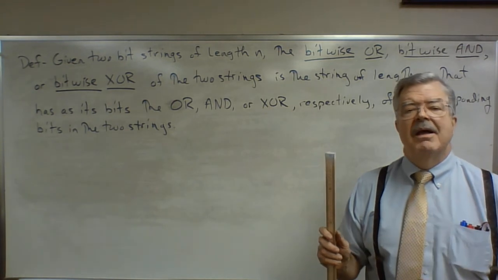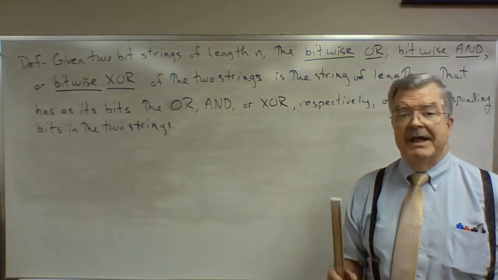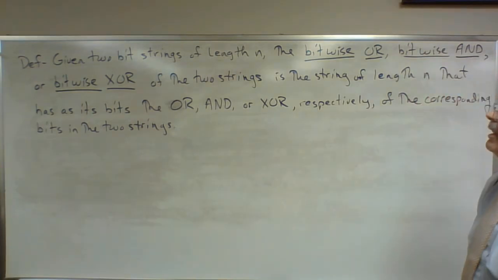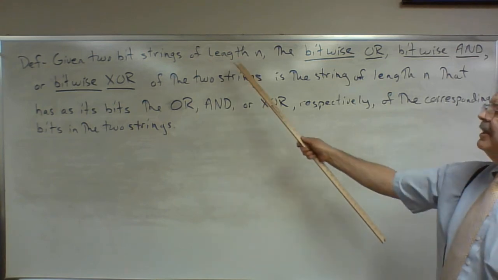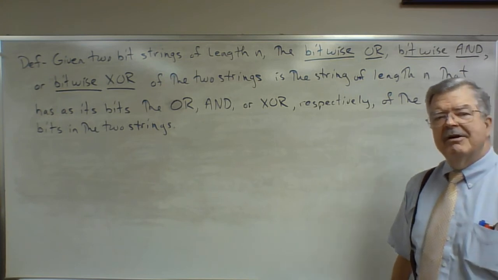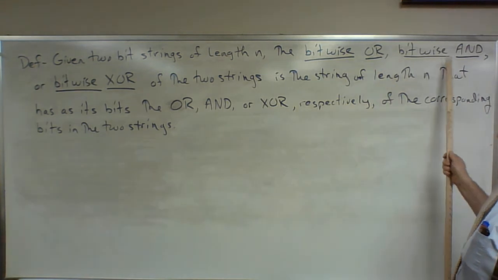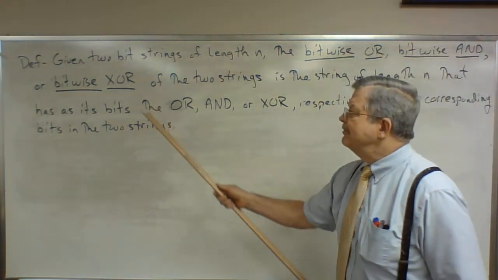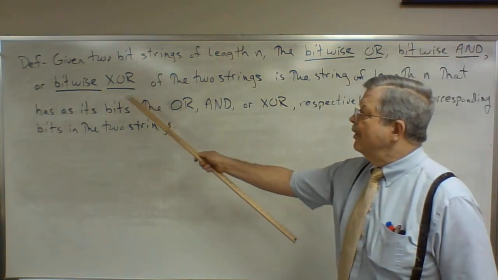What we do is we compare corresponding bits in the original two strings. With each pair of corresponding bits, we compute either the OR, the AND, or the XOR.